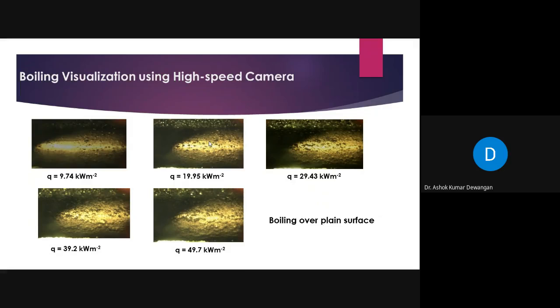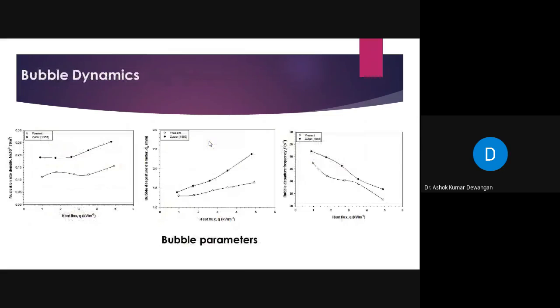Now when we go to the bubble dynamics, or bubble parameters, there are three bubble parameters observed here: nucleation site density, bubble departure diameter, and bubble departure frequency. The generation of active site density on the surface depends upon the applied heat input and the condition of the surface.